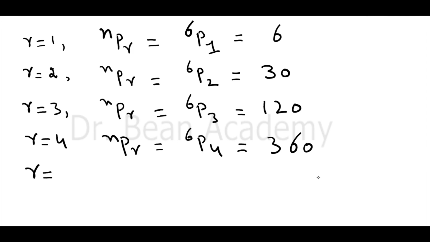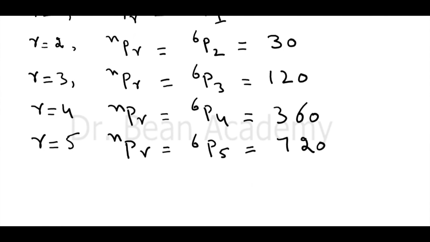Once again R is equal to 5, NPR equals 6P5, and wow, it's 720 permutations.